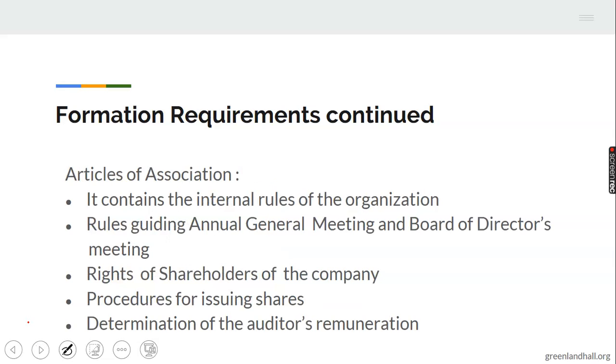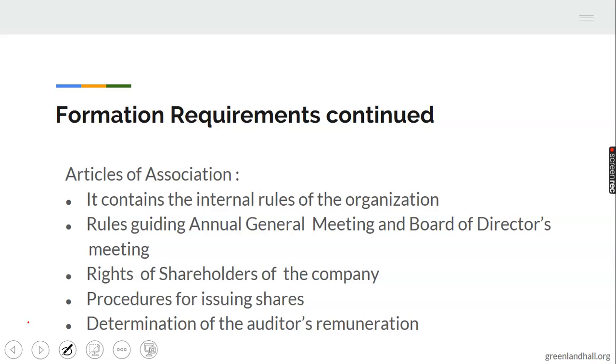Then, in addition, we have articles of association, which must also be available for a company to be established or to be born. And this one contains the internal rules of the organization. That is where we can find the rules guiding the day-to-day internal operations or activities of the business.